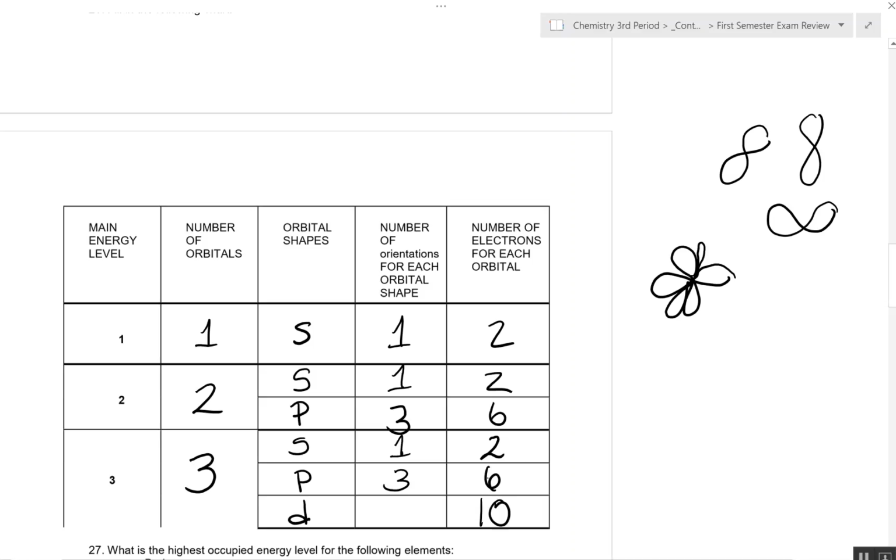So, if the S has 1 shape and has 2 electrons, the P has 3 shapes and has 6. How many shapes does the D have? 5.